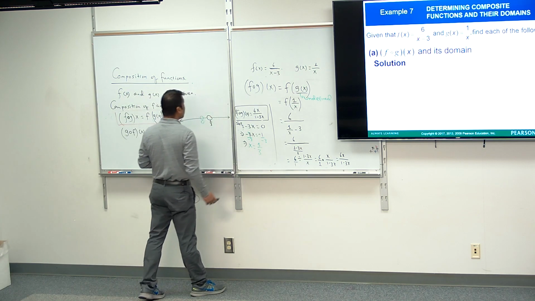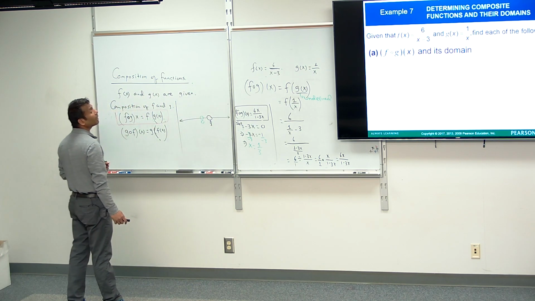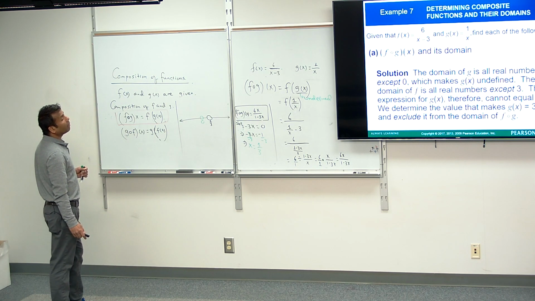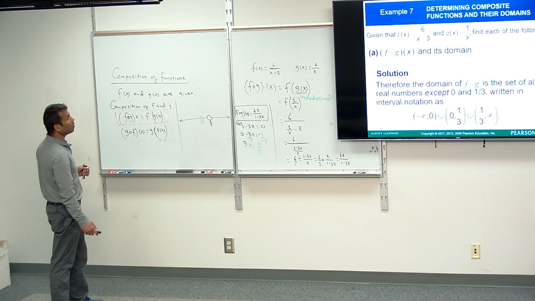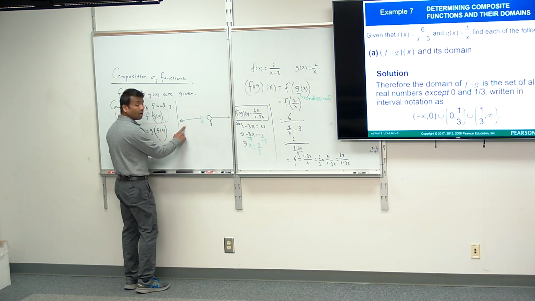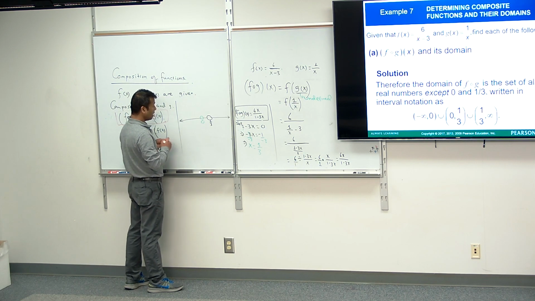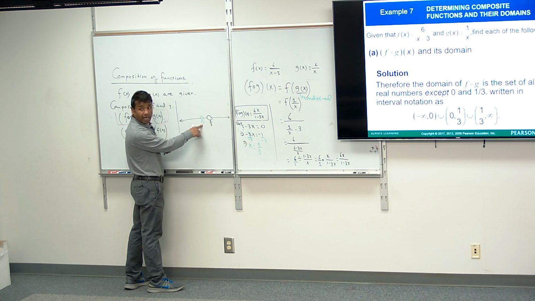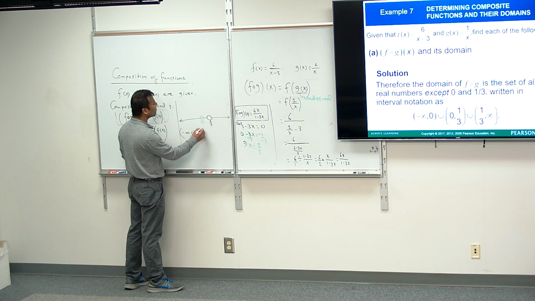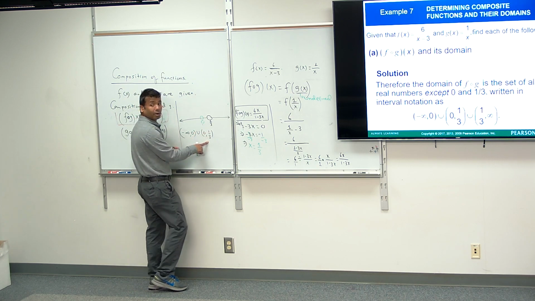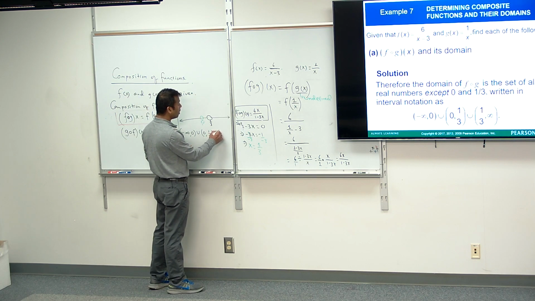So now what will be the domain, guys? You see what I'm talking about, right? So now the domain is going to be negative infinity all the way up to 0, union 0 all the way up to 1/3, union 1/3 all the way up to positive infinity.